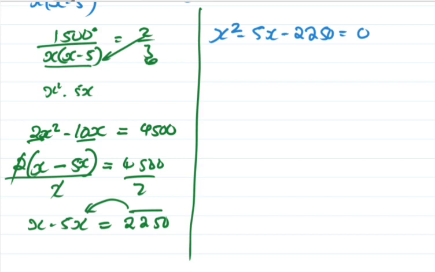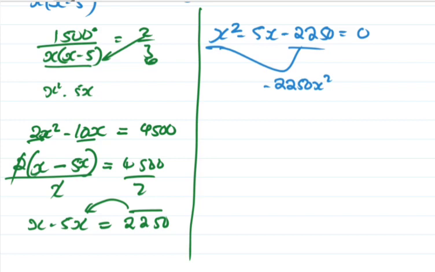What you're going to do, this over there, we got that's negative 2250 x squared. So we should find a pair of numbers whose product is this one, but the difference should be that one, 5x.